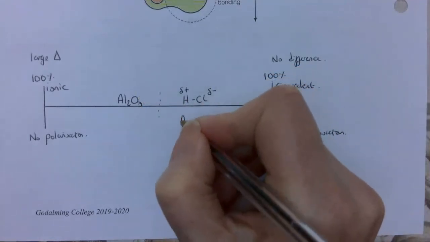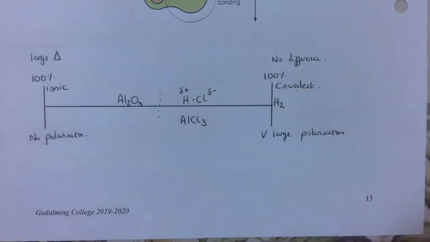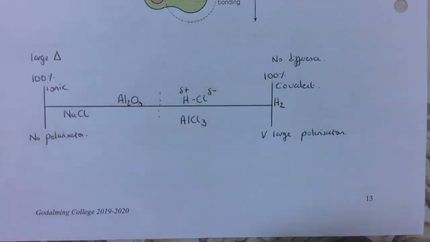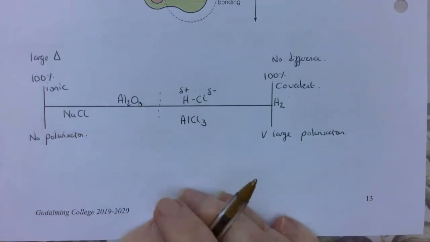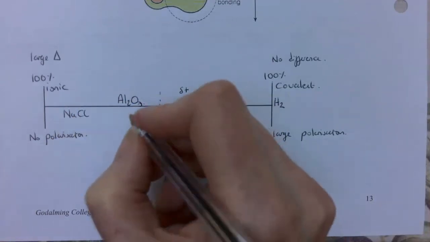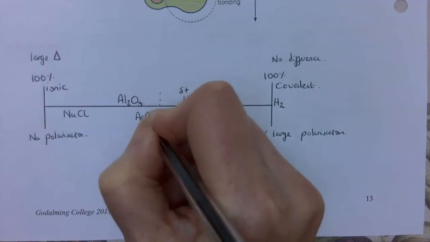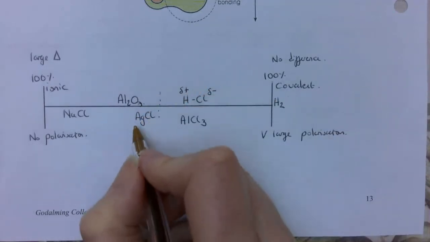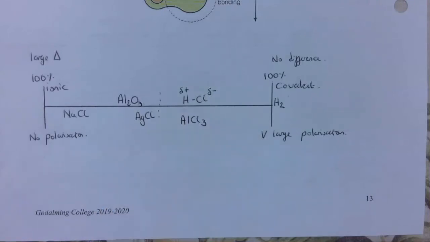But something like aluminium chloride, well, the aluminium is able to polarize the chloride to such a large extent that you get covalent bonding. Something like sodium chloride would be more ionic because the sodium is not able to polarize the chloride ion. But something like silver chloride would have a higher degree of covalency because the small silver ion is able to polarize the chloride ion.